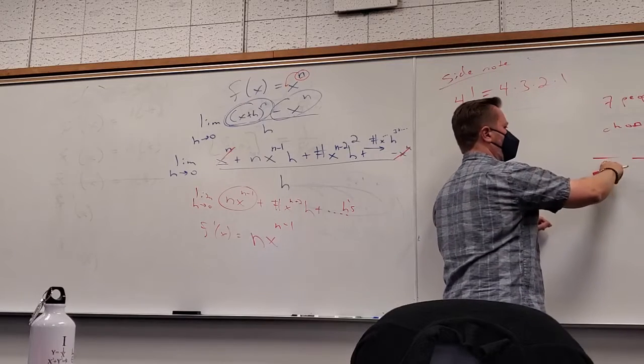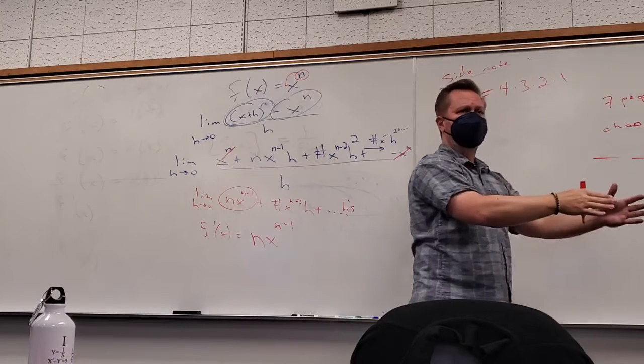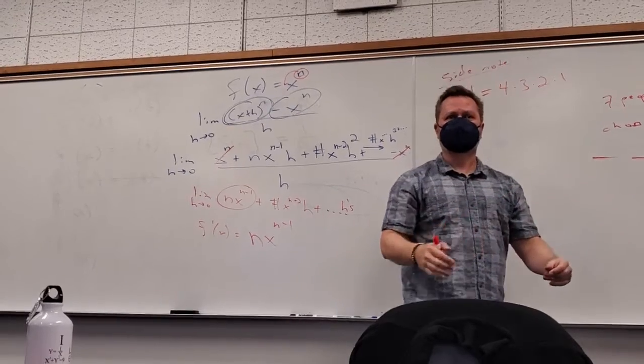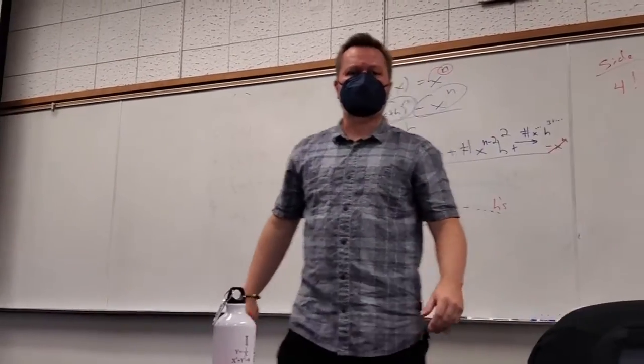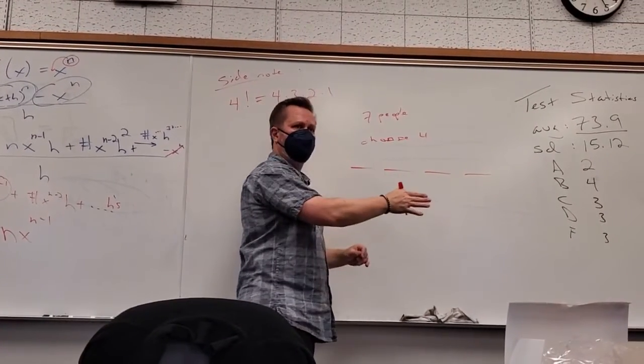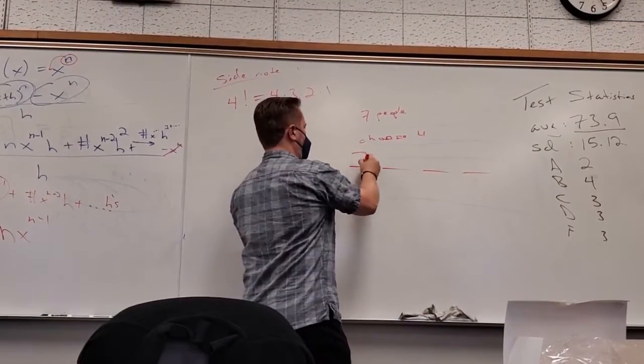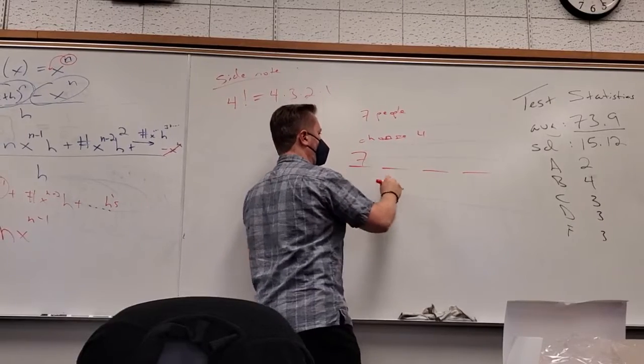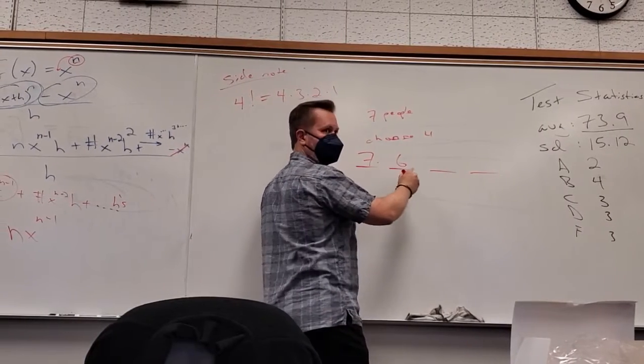How many people could I choose to go in the first spot? How many people am I choosing from? 7. So how many people could be in the first spot? 7. Now how many people could be in the second spot? 6. Then 5.